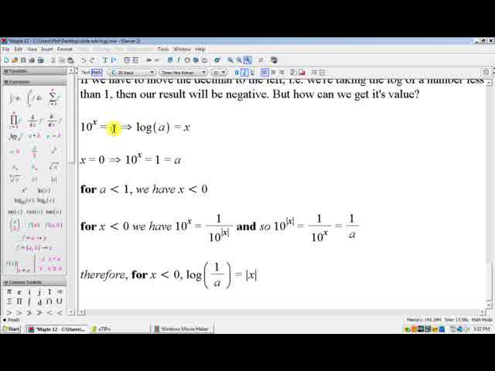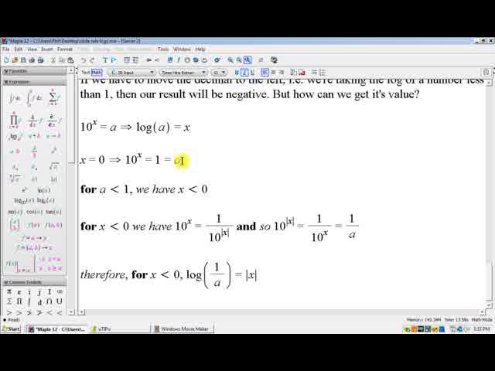You take the log of both sides of this, and on this side you have x, and on this side you have log of a. Well, there it is. If you let x equal 0, as I was saying before, if you take 10 to the 0 power or any base to the 0 power, you're always going to get 1. So the log of 1 is always going to be 0.